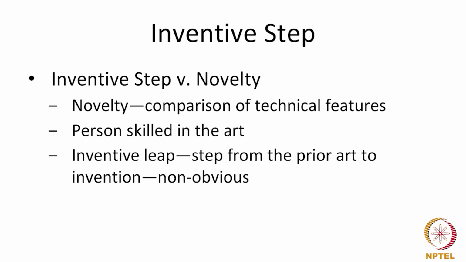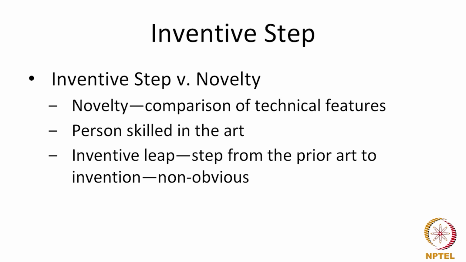The definition of new invention did not mention anything about the person skilled in the art. There was no person or entity who would be instrumental in the analysis. Whereas the construction for a novelty analysis would be from the perspective of a person skilled in the art, because all patents are addressed to a person skilled in the art.